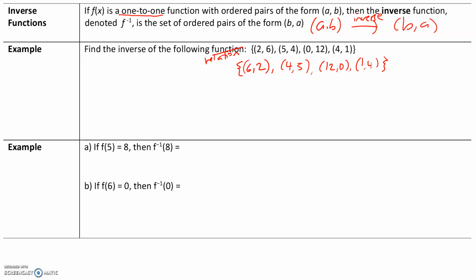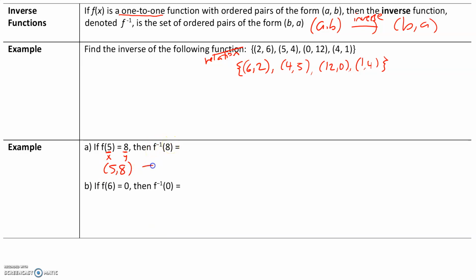Here's another example. If f of 5 equals 8, now remember that the parentheses always contain your input or the x value, and the result is the output or the y value. So this is the point 5, 8. We want to find out what is f inverse of 8.